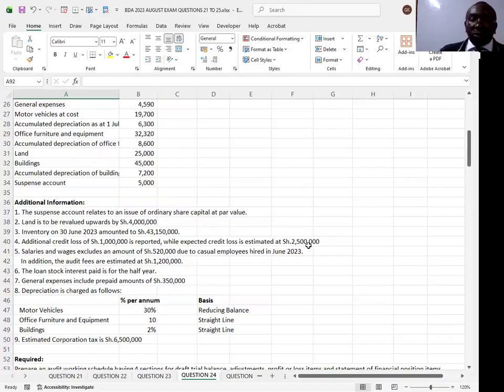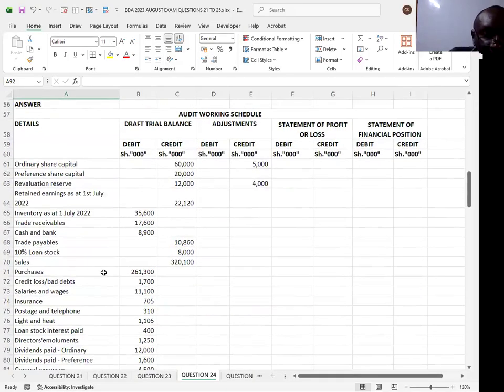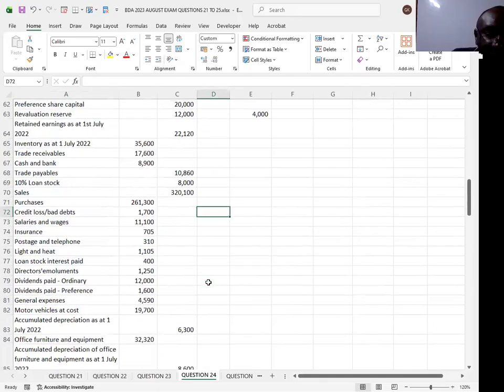And you know what we should do? What we should do, tutakuja hapa in the credit, this one, because it is an expense. Because it is an expense, we are supposed to debit. And when you debit that amount, it should be reflected in the expected credit loss.